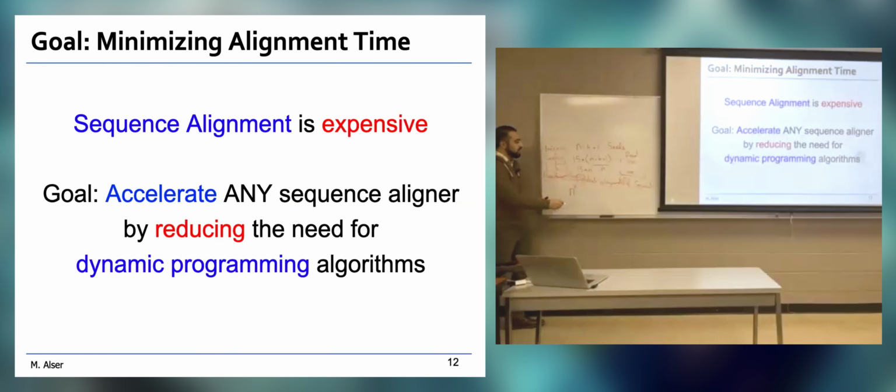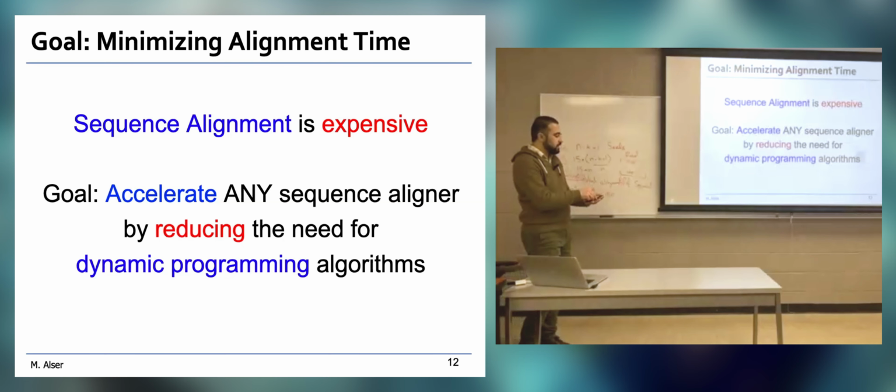If 100, then 100 by 100. That's the number of cells in the dynamic programming table. Now, if this is a million, then a million times a million, and so on. But there are ways to optimize it using, like, the wavefront algorithm or banded, adaptive banded, and so on, right?